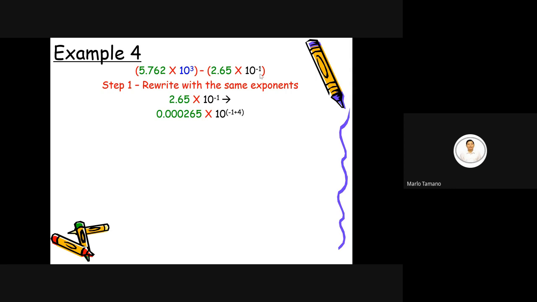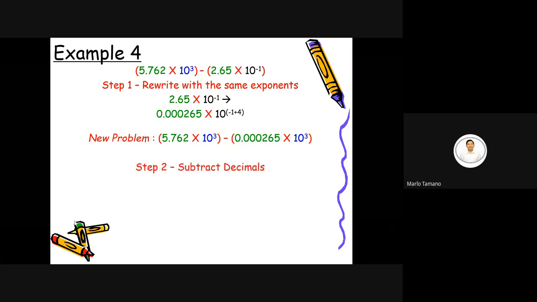Remember the exponent, because we will use integers in all our lessons in mathematics: addition, subtraction, multiplication, and division of integers. So our new problem is 5.762 times 10 cubed minus 0.000265 times 10 cubed. That is not yet the final answer.